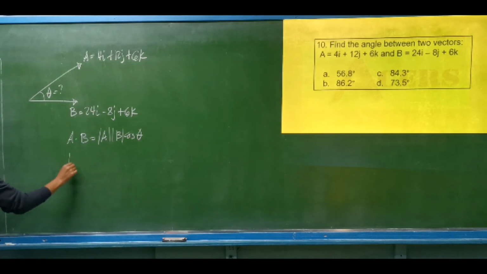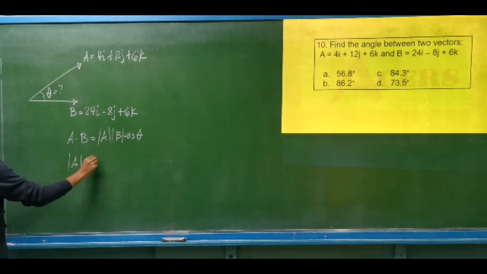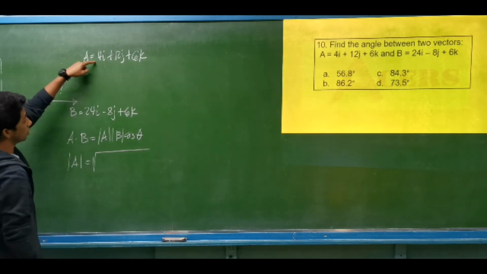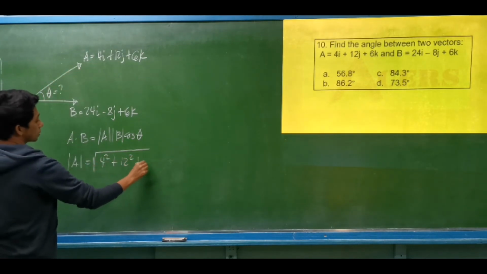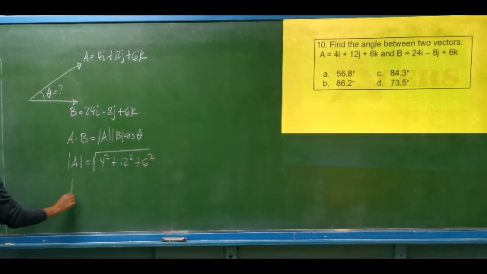So what is the value of the absolute value of vector A? That is the square root of its elements. We have 4 squared plus 12 squared plus 6 squared. So what is that absolute value equal to? The absolute value is equal to 14.